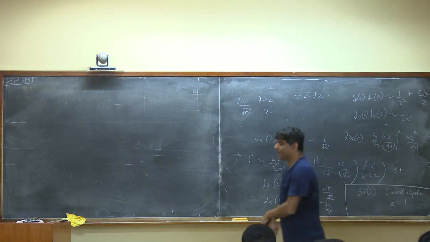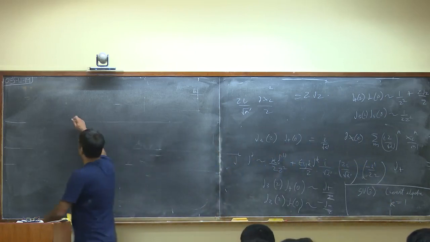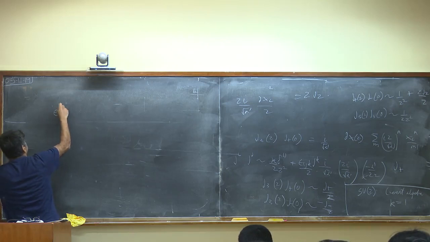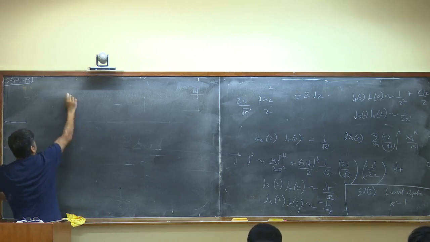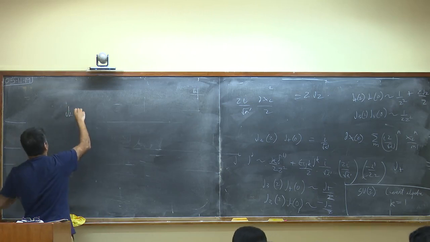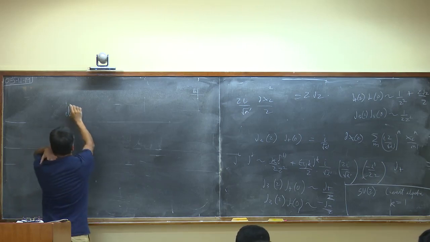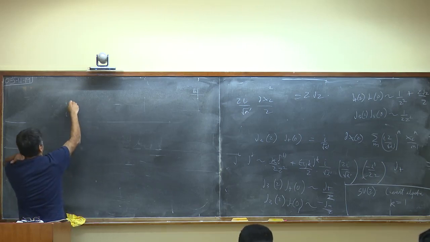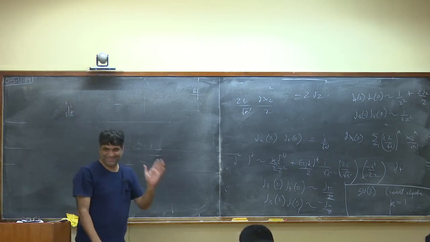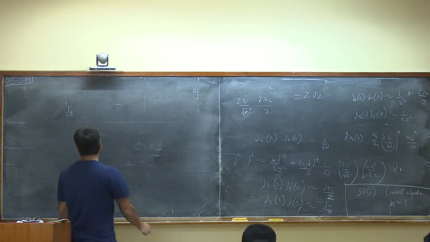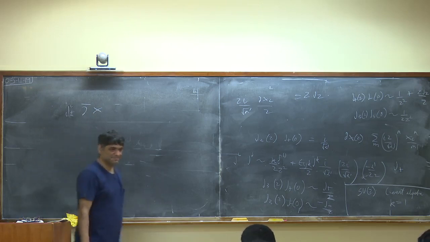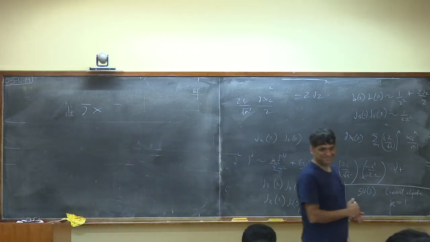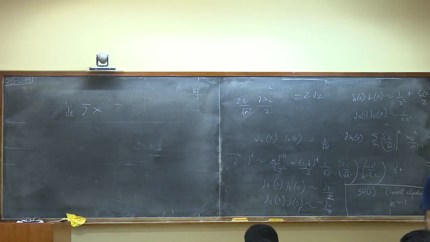Now the (0,1) primary in the bosonic string, so let's say we do the following: e to the power i k X, we take J_L or J_R, J plus minus, left moving, and for right moving we take del bar X. This works.